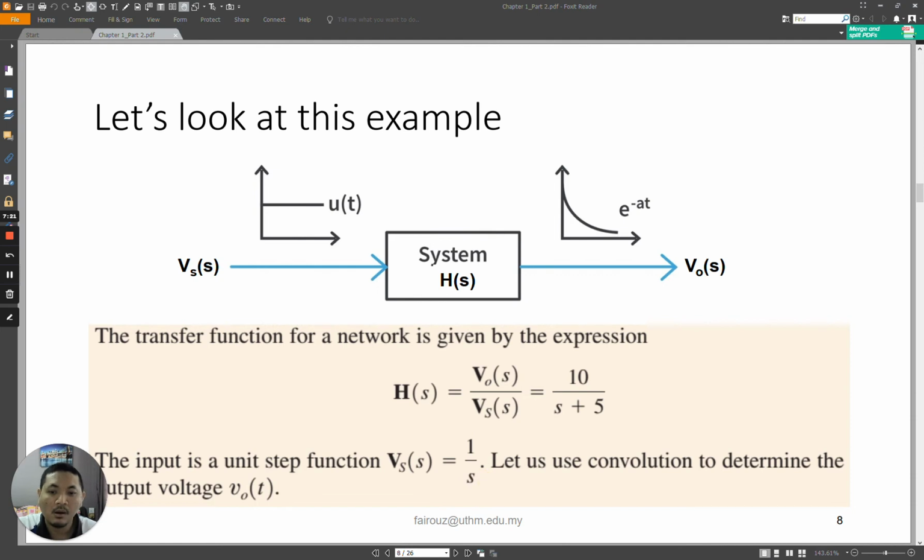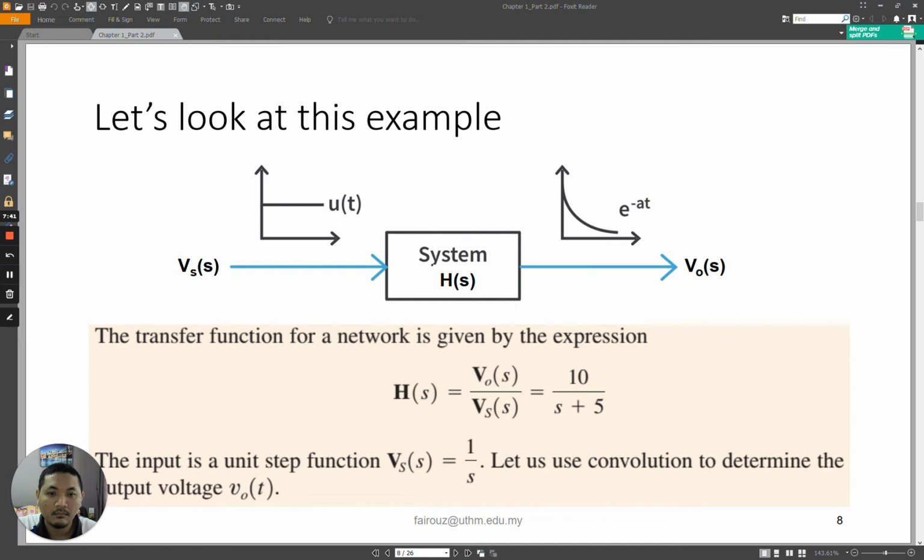Now let us use convolution to determine the output voltage. What is the output voltage? Take note, the output voltage in time domain.